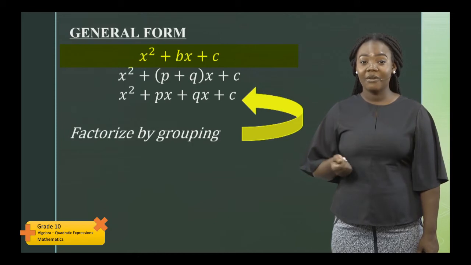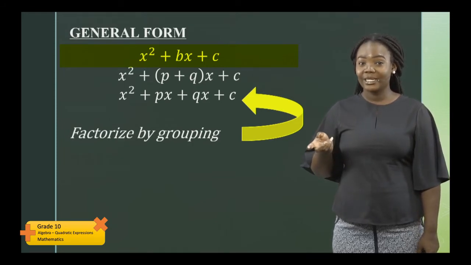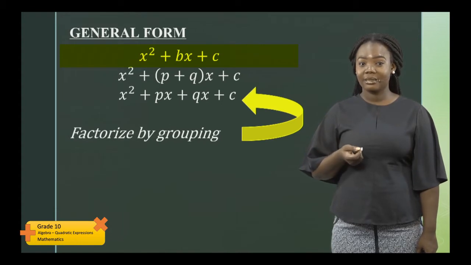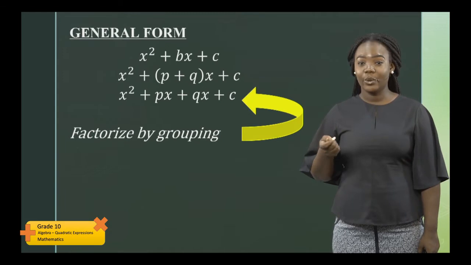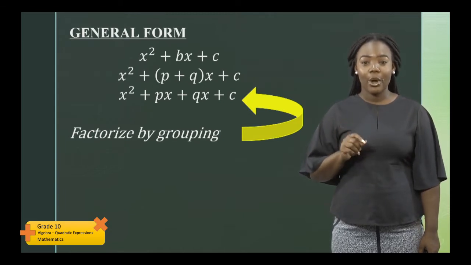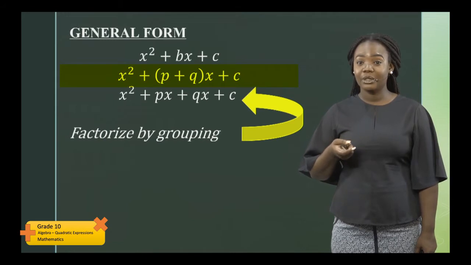Now here we have the general form of a quadratic expression, which is ax squared plus bx plus c. When we multiply a by c, we will get some number. When we get that number, we want two of its factors that will give us the value of b, or in this case, p plus q.